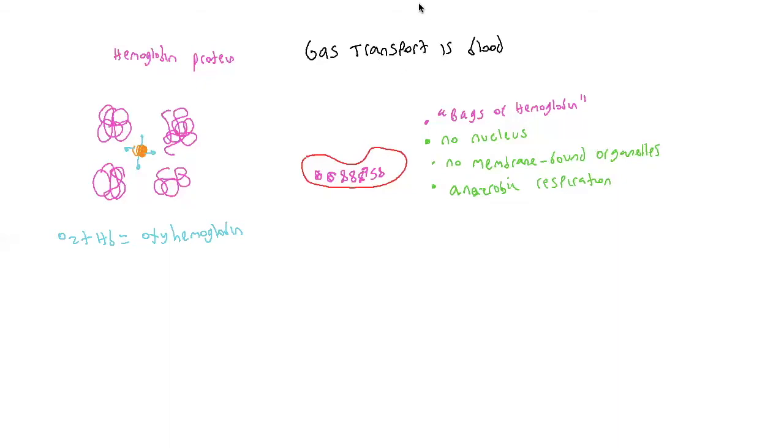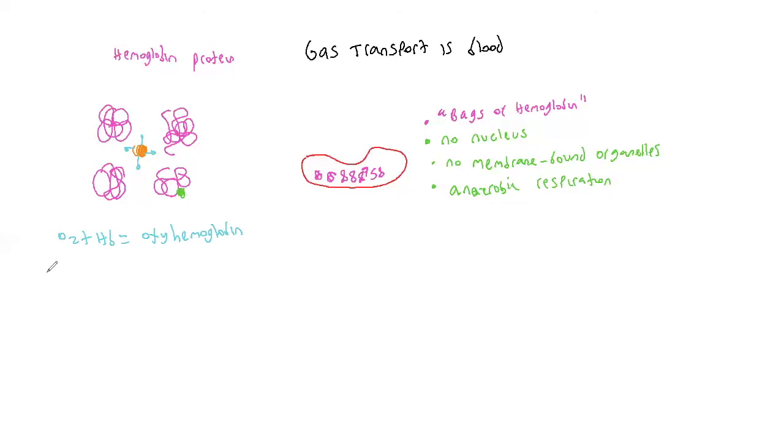Carbon dioxide is also transported via hemoglobin, but differently. Carbon dioxide, which I'll draw here in bright green, actually binds with the hemoglobin subunits.